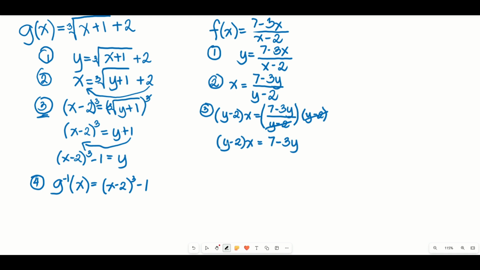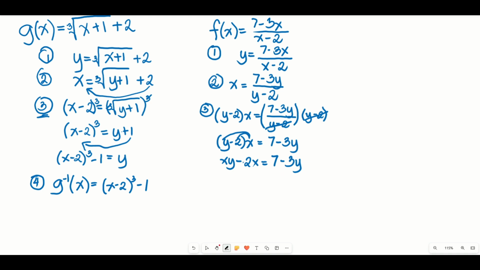So, hindi pa natin sila mapapaghiwalay basta-basta. What we can do here is we can distribute x to y and to negative 2. So, by multiplication, y times x is yx or xy minus 2x is equal to 7 minus 3y.